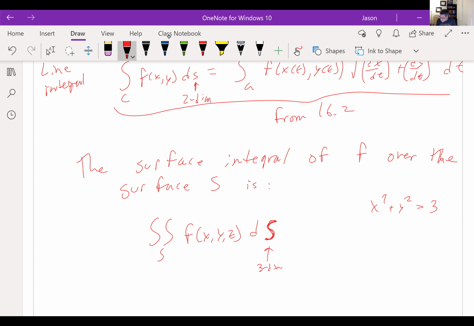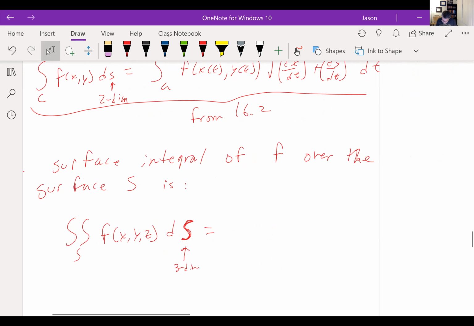You wouldn't know, because it could be 3-dimensional with 0z squared or something plus 3. You wouldn't know if it goes off in z in an infinite direction or if it doesn't even have a z component. Okay, so let's keep that in mind.